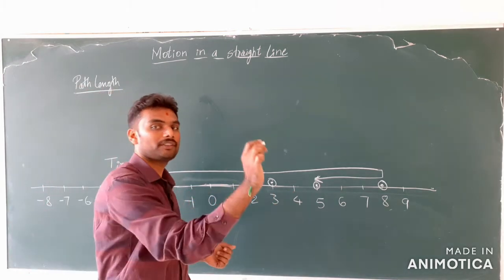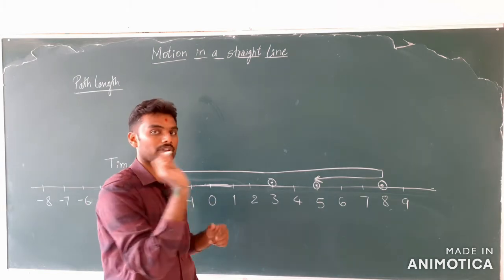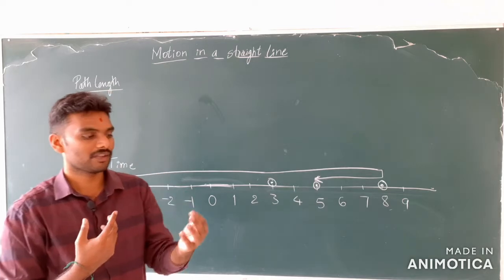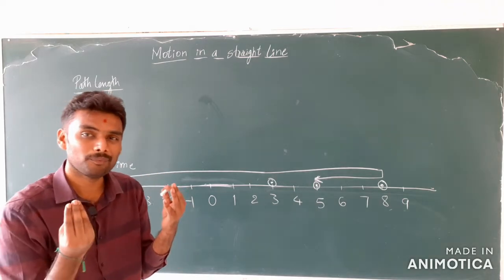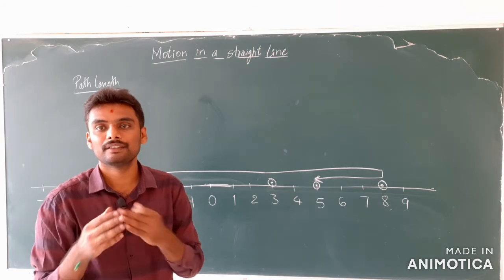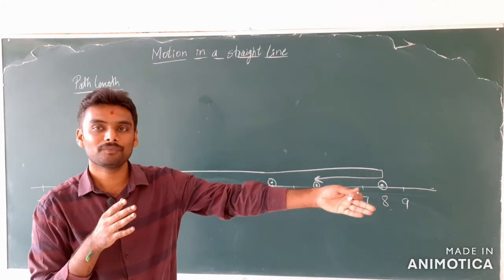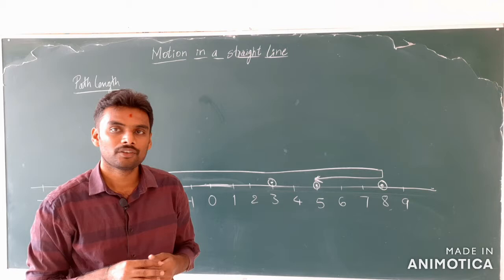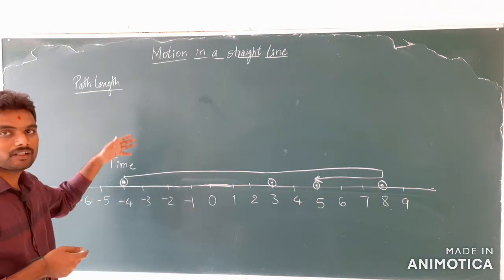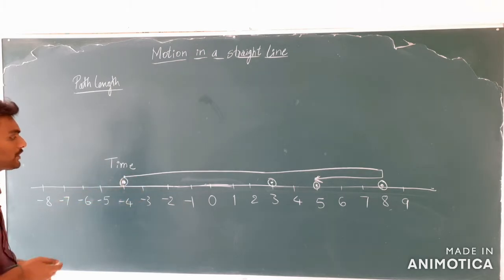If I throw this sack and if it moves in a straight line, then the basic factor that I should know is the length traveled by the body, isn't it? So that is one important characteristic that we will understand to describe the motion.